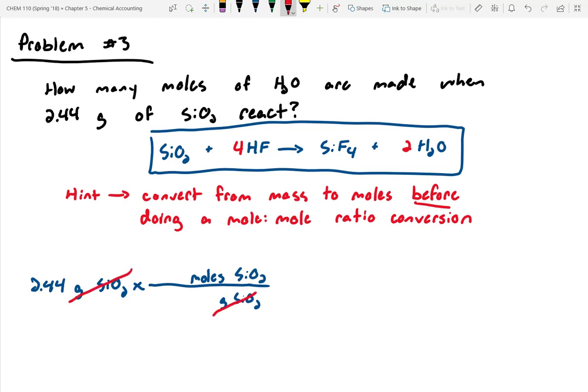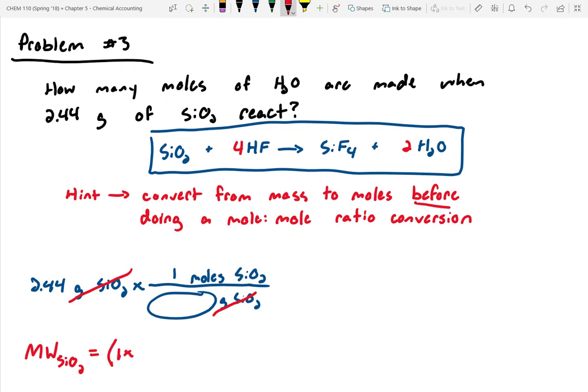Okay, so now the question is, what number goes where for SiO2, the gram to mole conversion? So 1 mole at the top. Yep, 1 mole of silicon dioxide. And then how do we figure out what number goes on the bottom? Yeah, so what you have to do, if you remember from last week, is you have to find the mass of silicon dioxide. So for example, we've got 1 silicon.